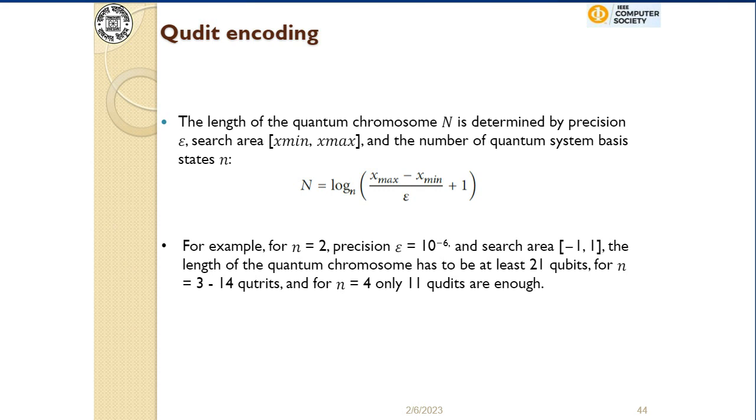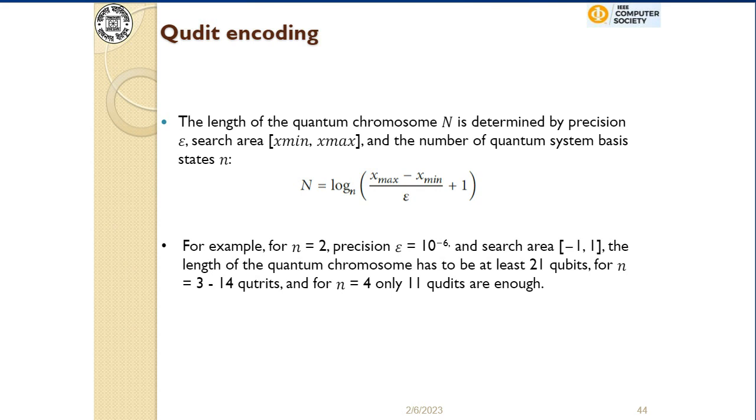Now if you put n equal to 2 here, with precision epsilon and search area minus 1 to 1, for encoding a particular chromosome using only qubits, that means n equal to 2 states, you have to have at least 21 qubits for arriving at this precision. If you use n equal to 3, which is a specific form referred to as qutrit, for 3, you will only require 14.